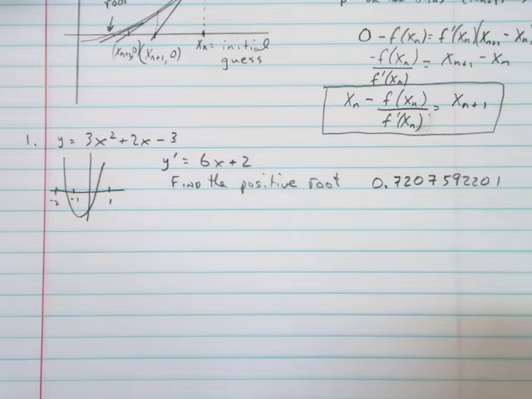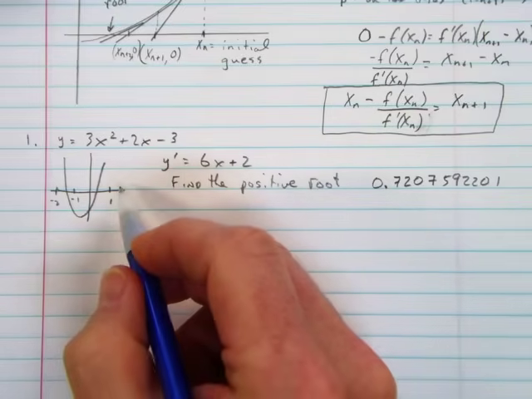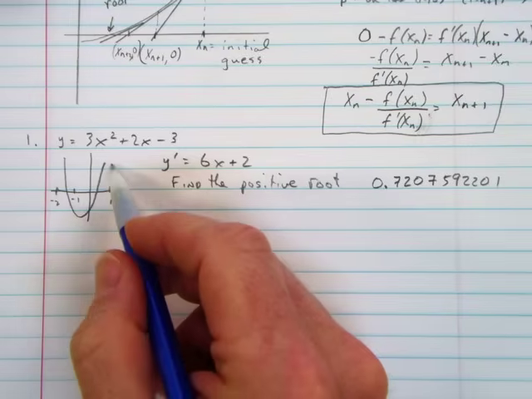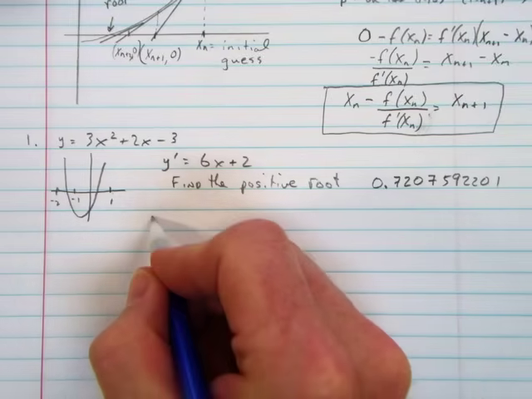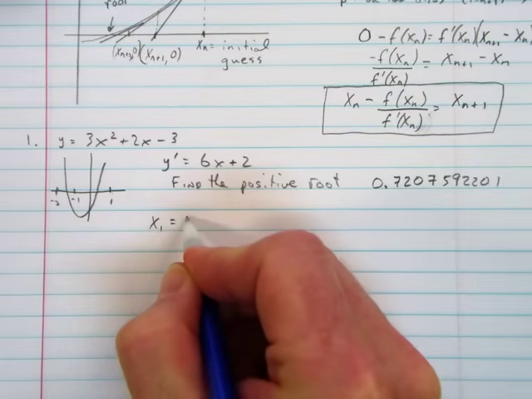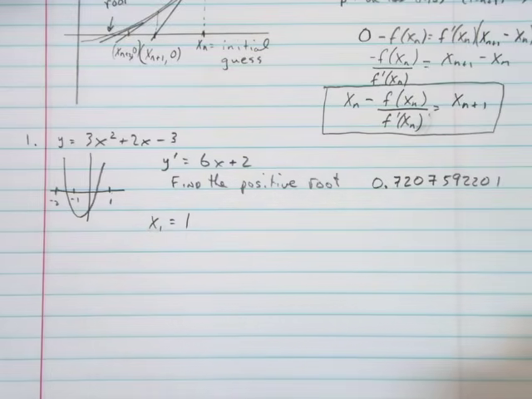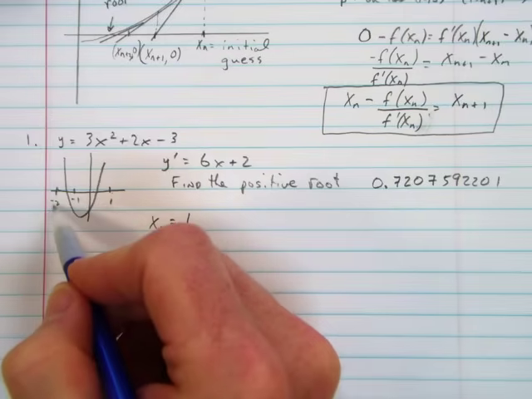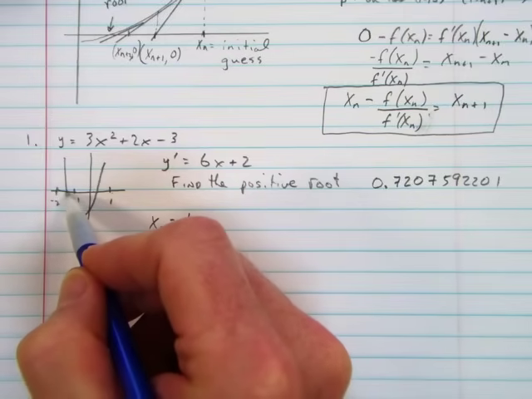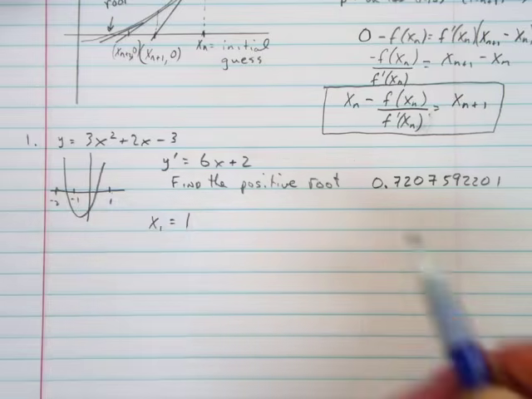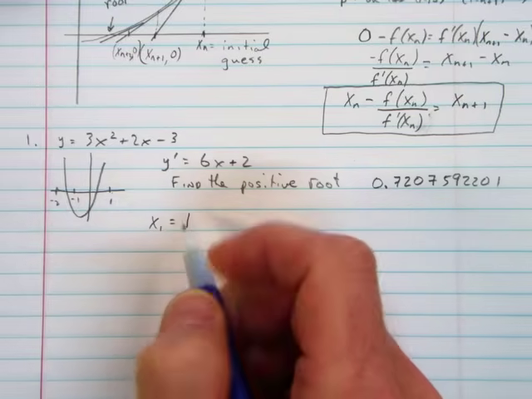And so that means you need to practice your fractions. We need some initial guess. It's not so important as long as it's somewhere close. How about we pick x sub 1 equals 1 as our first guess. If I started over here, let's say at -2, that would zero in on this negative root. And we want to find the positive.